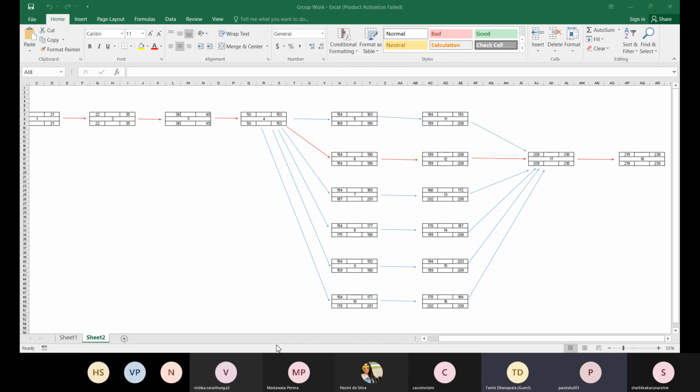The diagram goes as parallel. The 6 and 12, yeah. G and M go as parallel. A, B, C, D, G, M, Q, R go as parallel. Correct. Can you open your WBS, Shatika?